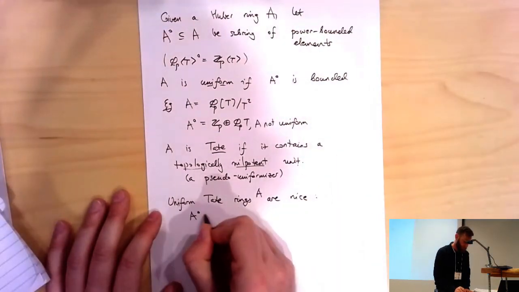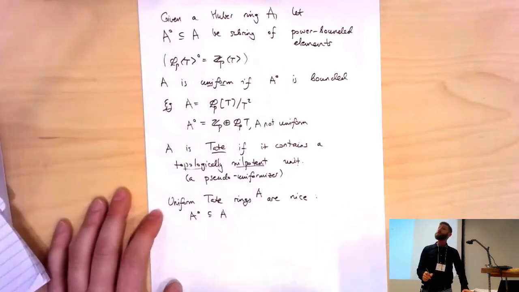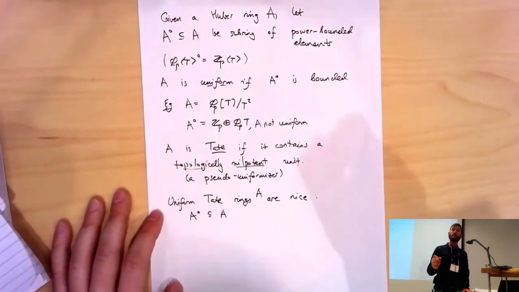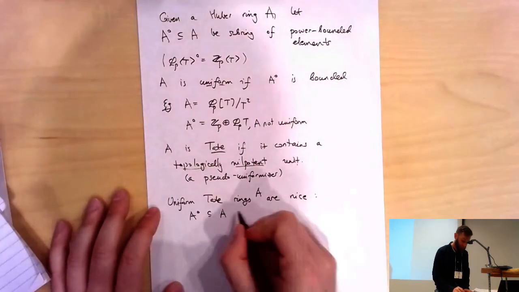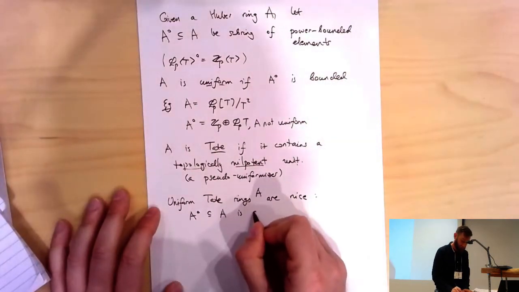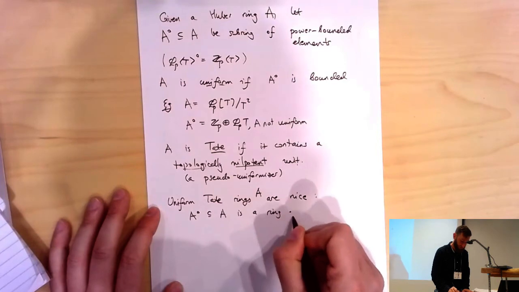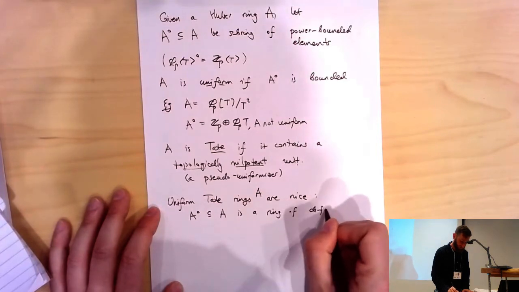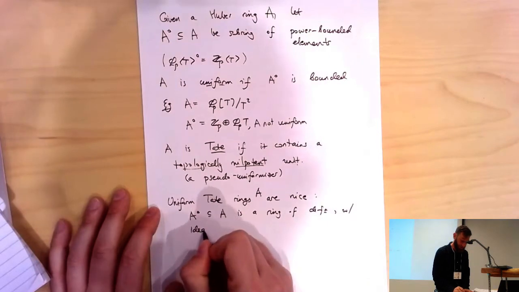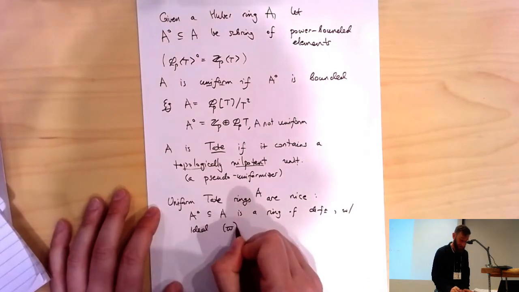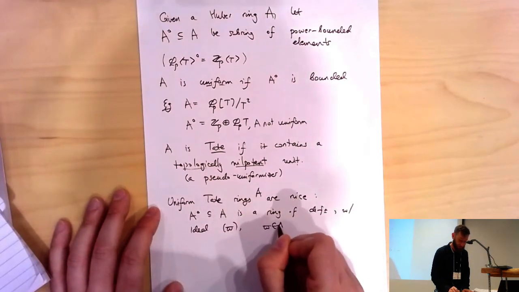If I take A⁰, the ring of power-bounded elements, these serve as a ring of definition, with ideal of definition generated by pi, where this is a pseudo-uniformizer.